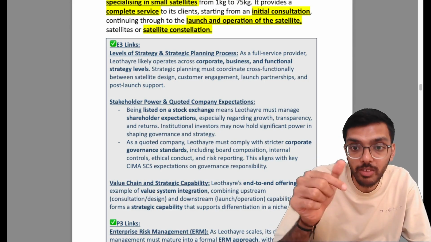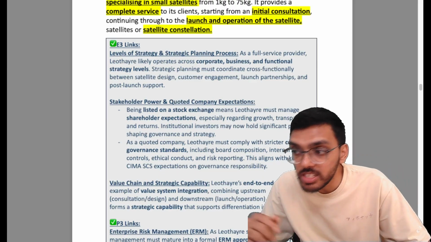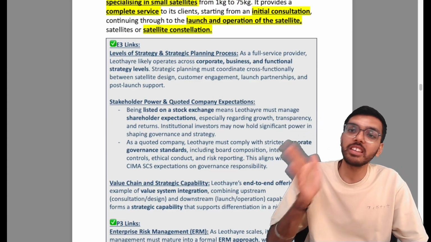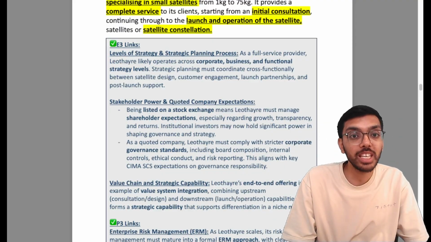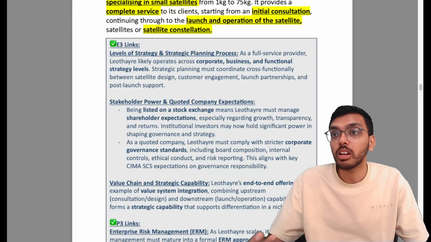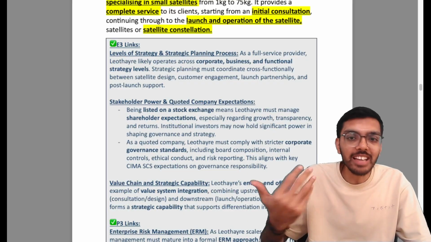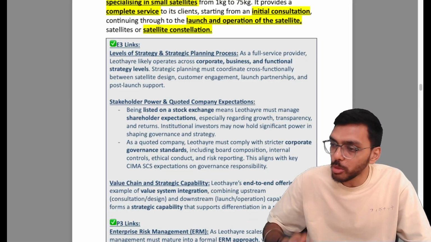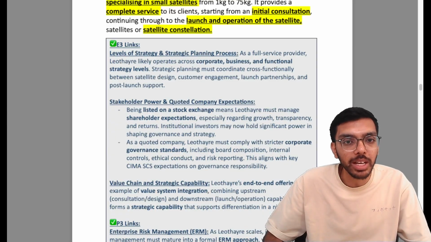So corporate governance because we are listed, shareholder expectations because we are listed, but listing has its advantages and disadvantages. Advantages being quick raise of finance if we want, better visibility as a company, better reputation. It has its disadvantages as well, like you have to manage shareholder expectations, corporate governance, lots of reporting requirements.